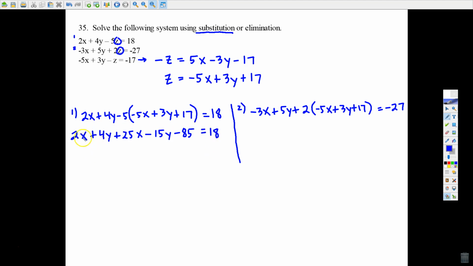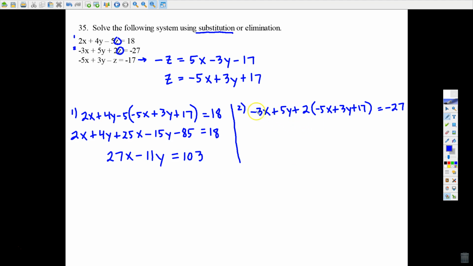Gather up your like terms. 2 plus 25x is 27x. 4 minus 15y is negative 11y. And we need to move constants over to the right, so we're going to be adding 85 to both sides, and that's 103.